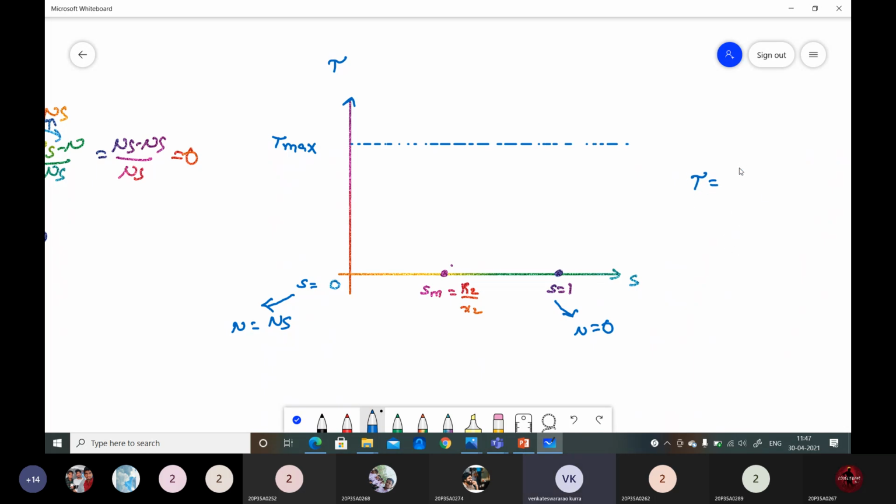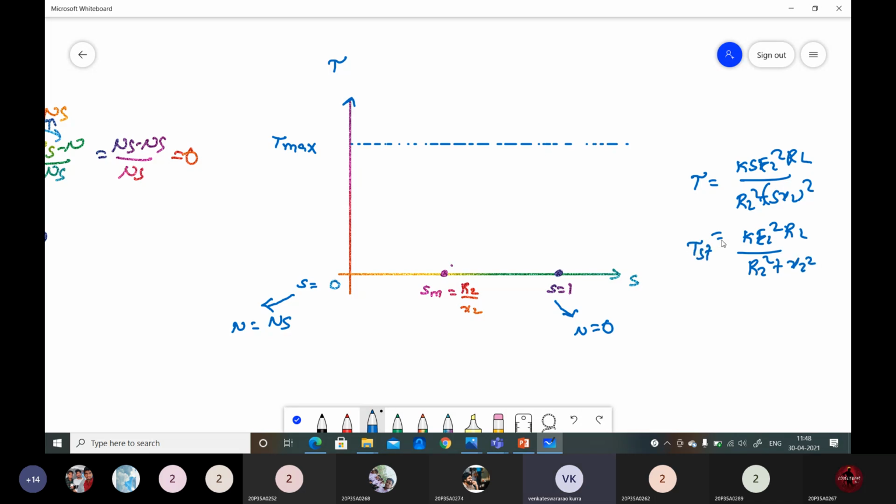So the general expression for torque tau equal to Ks E2 square R2 by (R2 square plus Sx2) whole square. Substitute S equal to 1 to find the torque at slip 1. So K E2 square R2 by (R2 square plus X2 square).